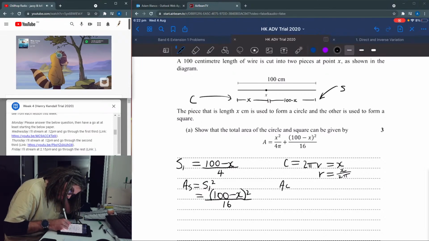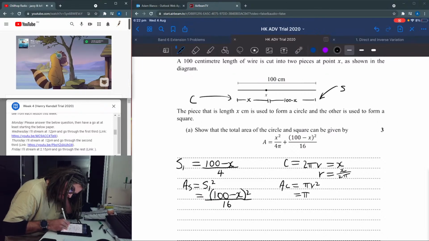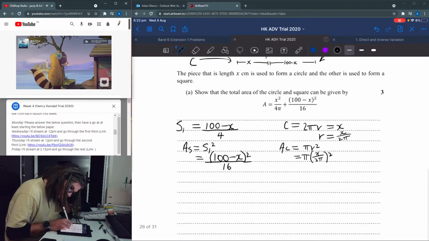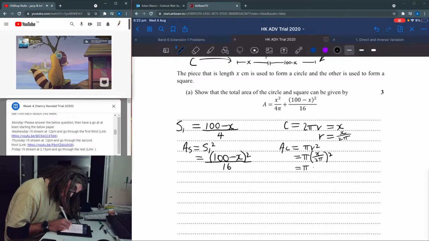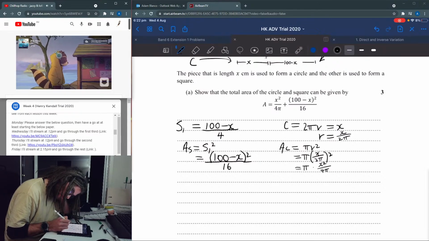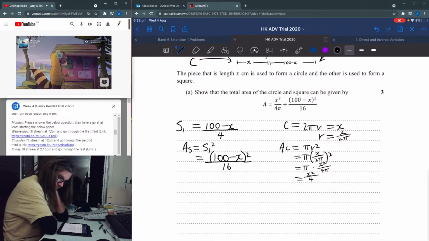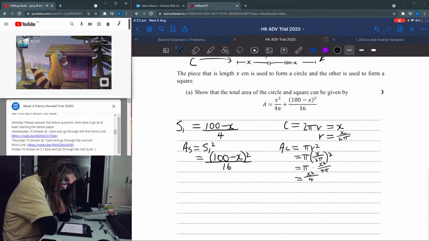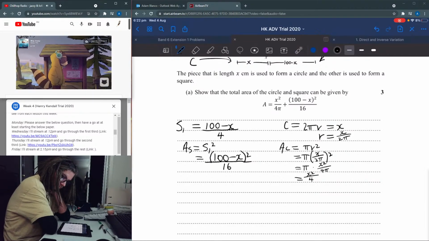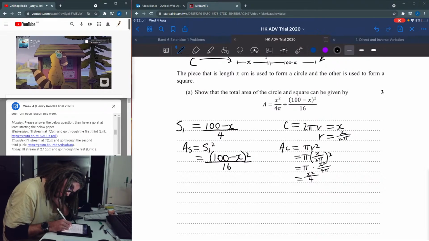The area of the circle is pi r squared, which is pi times x on 2 pi squared, which is pi times x squared on 4 pi, which is x squared on 4. Why is there a pi still there? Oh, that becomes squared.